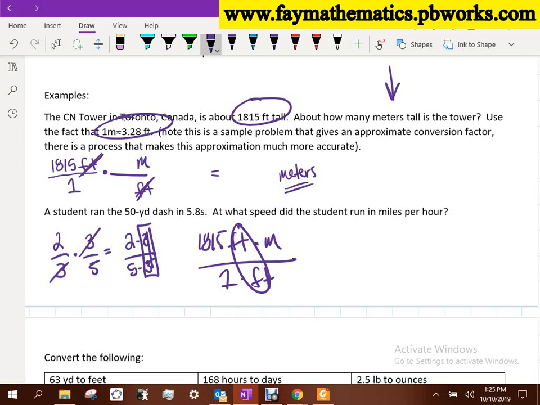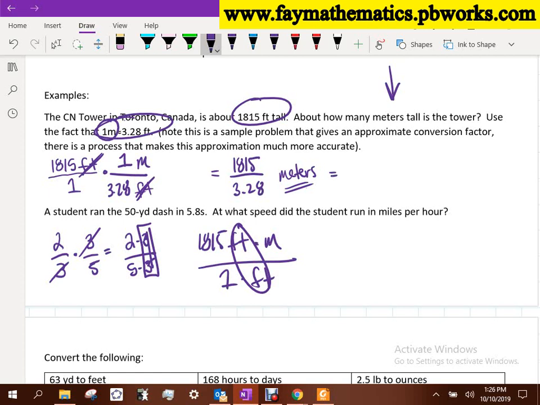Now we go and plug in the values that should be here. So you said 1 meter, so I put 1 there, and 3.28 feet should go there, right? Now when I multiply straight, because it's a fraction times a fraction, multiply straight across the top, get 1815. Multiply straight across the bottom, I get 3.28.